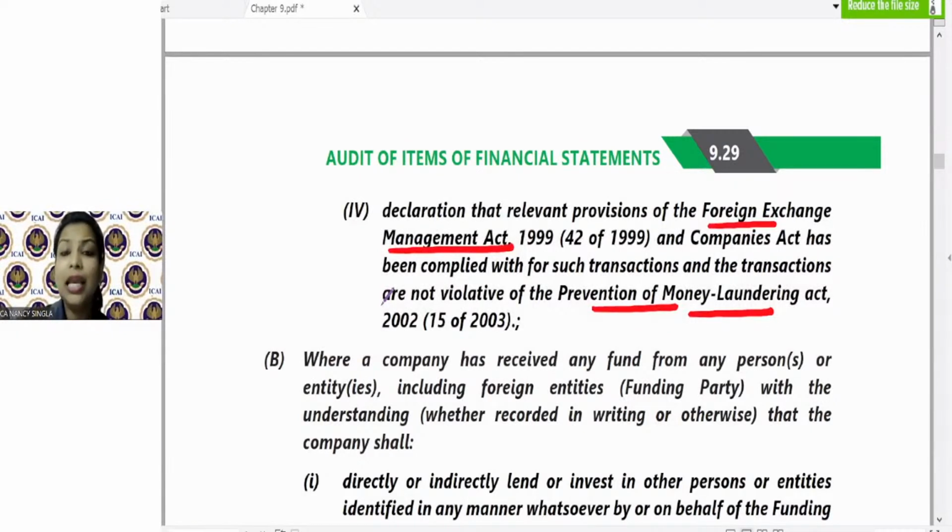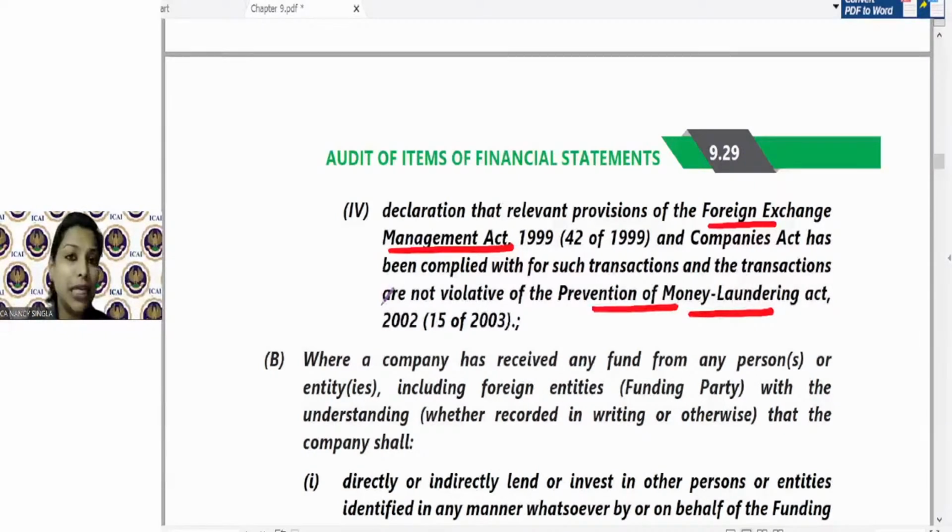So basically, money laundering is what, it has been used to hide the illegal source of income. किसी का illegal source of income से money आया है, you are diverting it to some legitimate business. आप अपना source of income disclose नहीं कर रहे हो, money laundering. So there is an act by the name Prevention of Money Laundering Act, है ना?